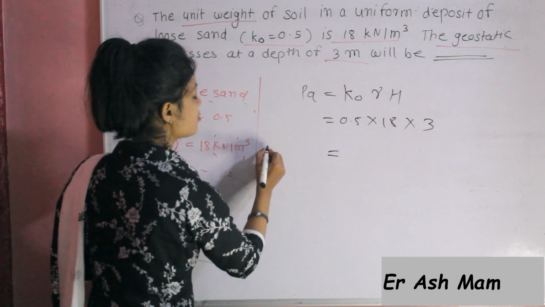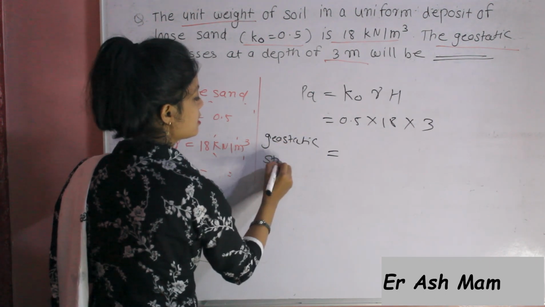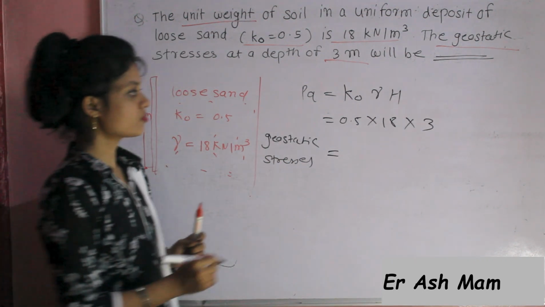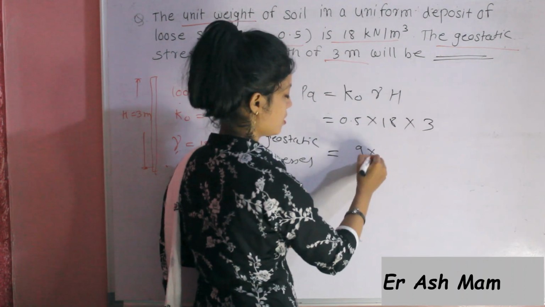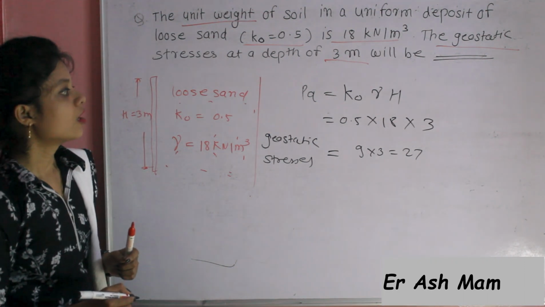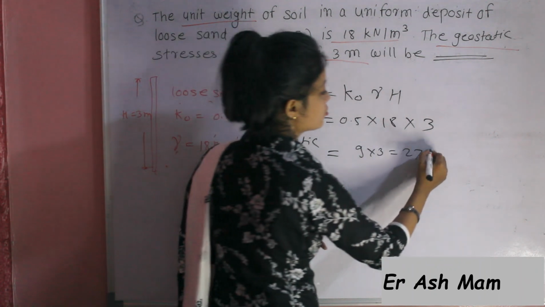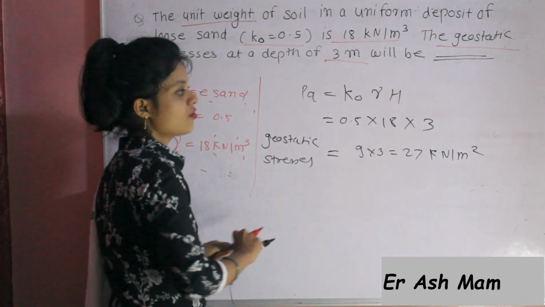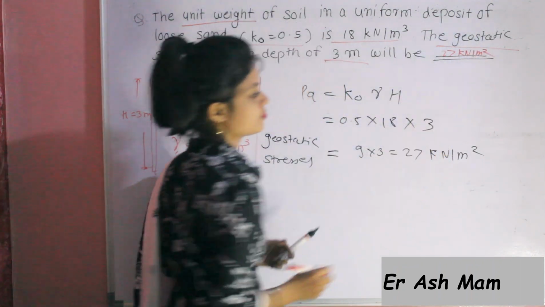Therefore, geostatic stresses will be 0.5 into 18 is 9, into 3, 27. 27 kilonewton per meter square. Therefore, geostatic pressure will be 27 kilonewton per meter square.